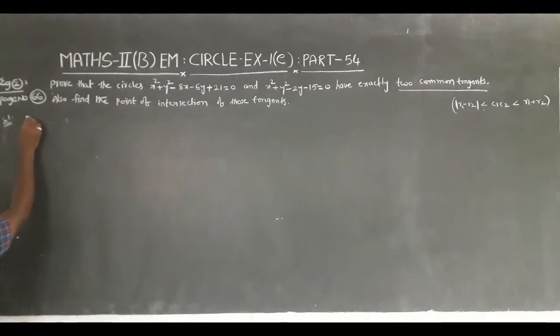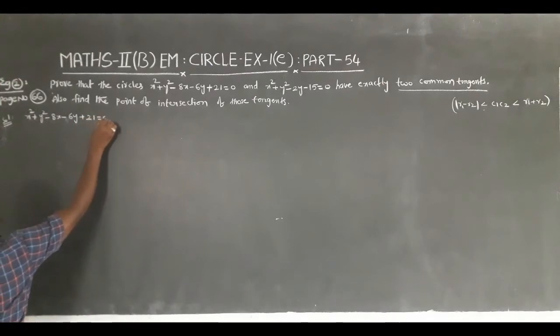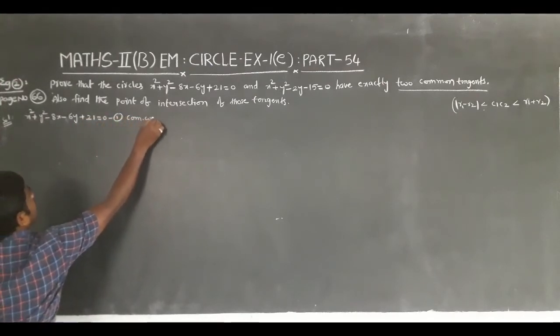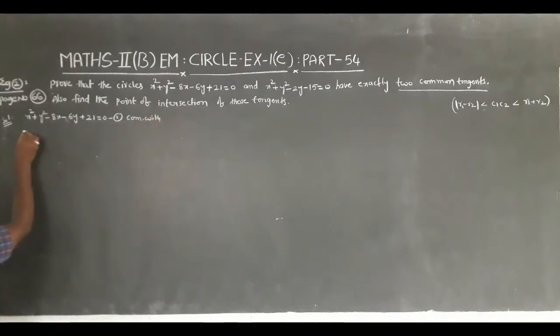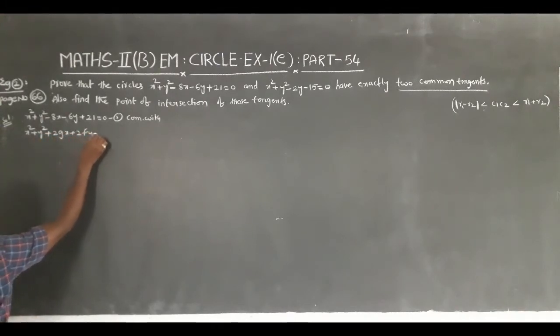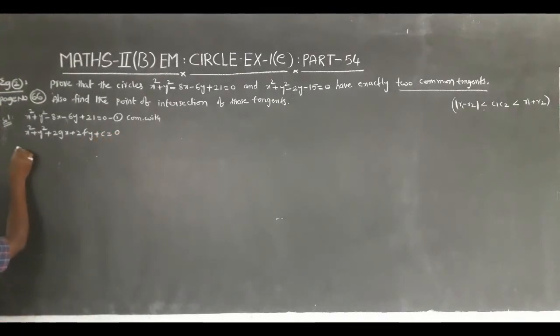The first circle: x square plus y square minus 8x minus 6y plus 21 is equal to 0. Comparing with the general equation x square plus y square plus 2gx plus 2fy plus c is equal to 0.